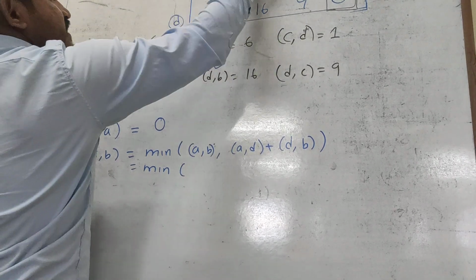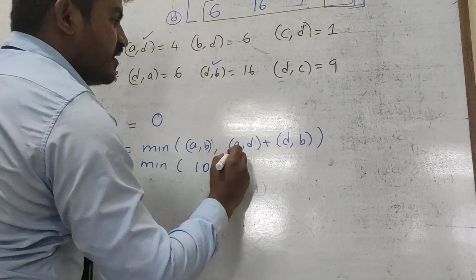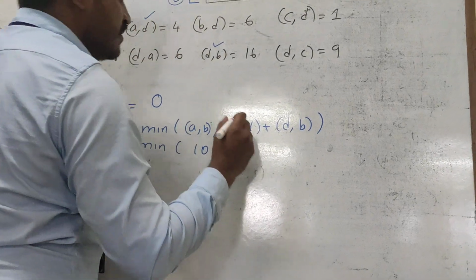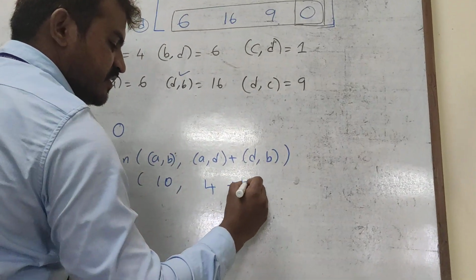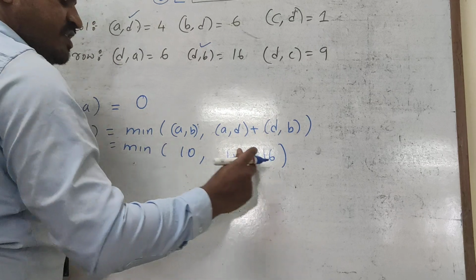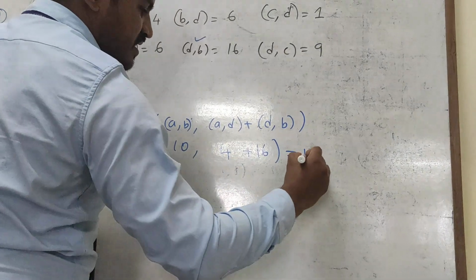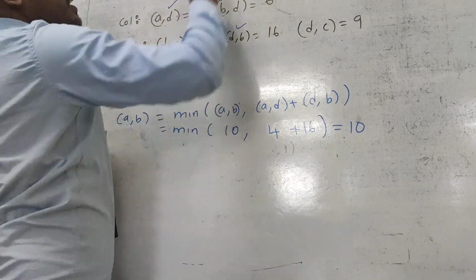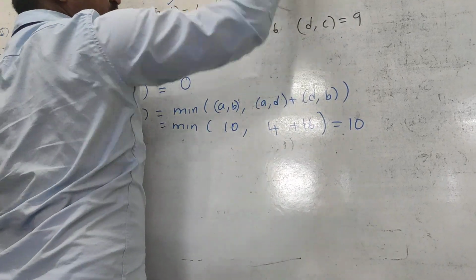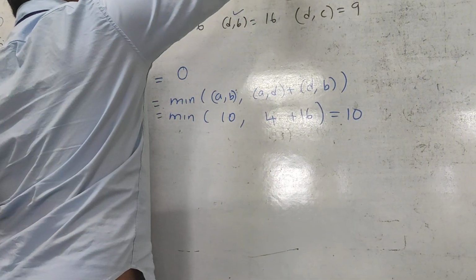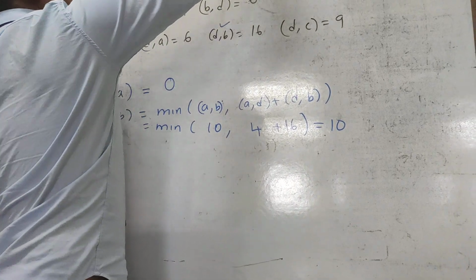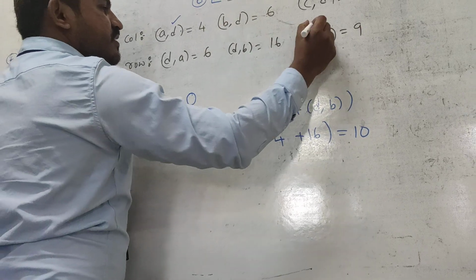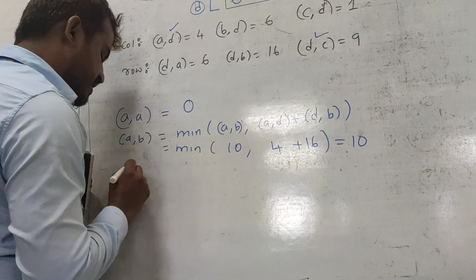A to B is 10. A to D is 4 plus 16. Which is better, 20 or 10? 10 itself is better. No need to change. The A to B is 10, we don't want to replace it, it is the same value already. Next combination A to D, then D to C, consider to be A to C.